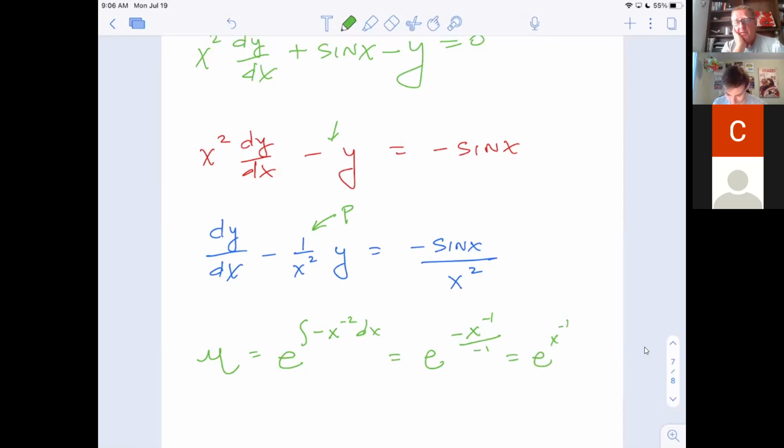Now, again, I find myself going, I hope this is working because I'm not seeing it. Do you agree with that? I don't think I screwed up the integral, but I'm not seeing this working.